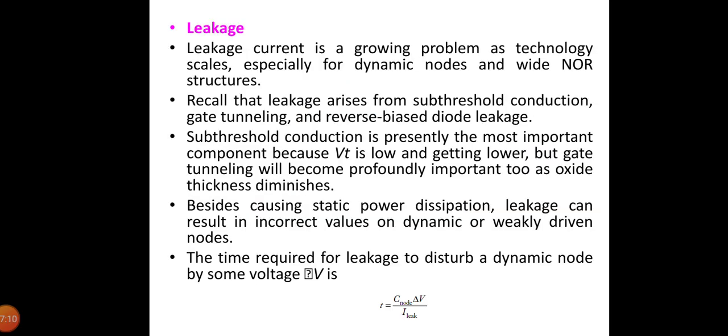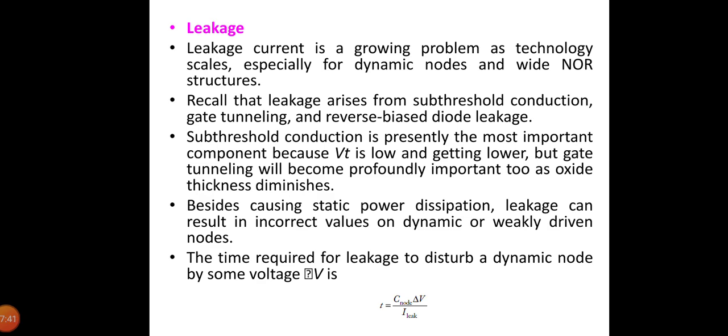And next is leakage. The leakage current is a growing problem as technology scales, especially for dynamic nodes and wide NOR structures. Recall that leakage arises from subthreshold conduction, gate tunneling, and reverse biased diode leakage. Subthreshold conduction is presently the most important component because VT is low and getting lower, but gate tunneling will become profoundly important too as oxide thickness diminishes.